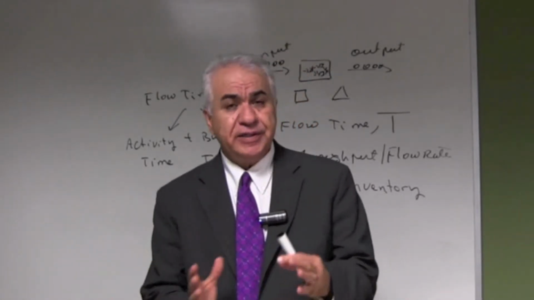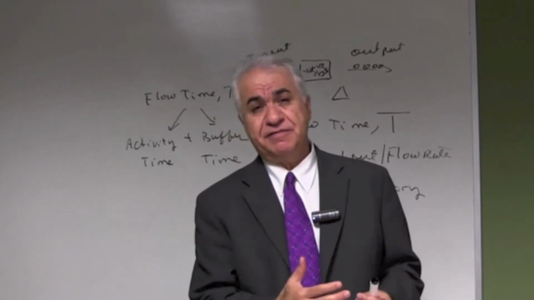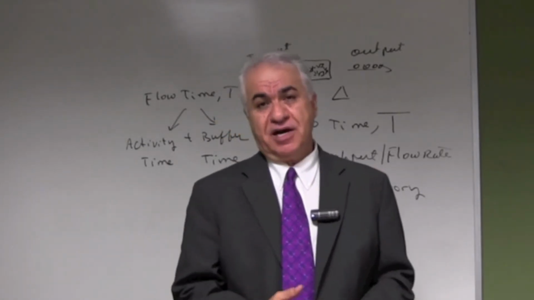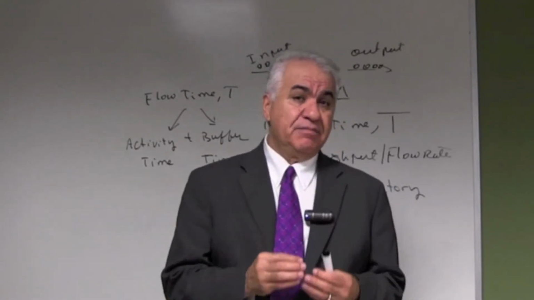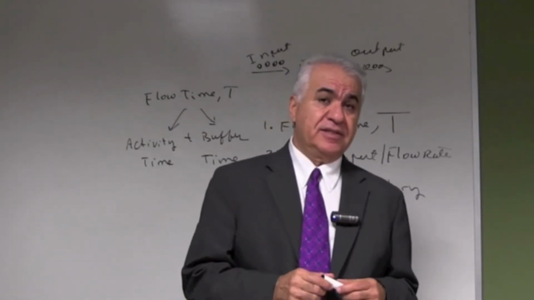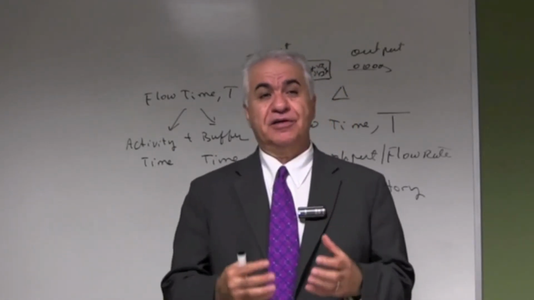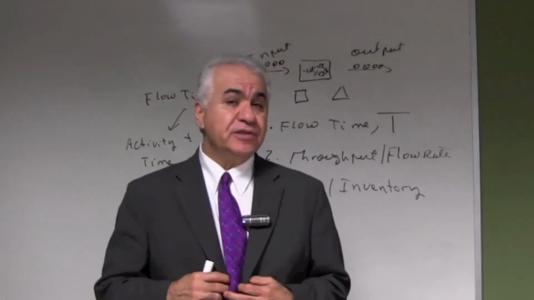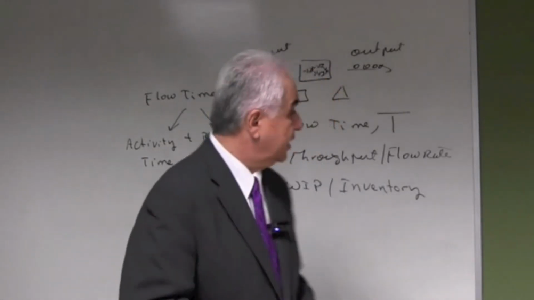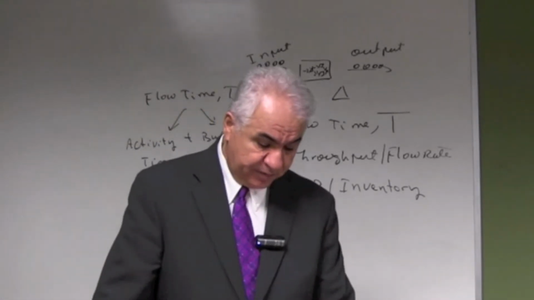And then how much time does each loan actually sit in different buffers, awaiting to be processed? As you can see, in many organizations and many processes, the activity time is a very small portion of the total time. And flow units spend considerable time in the buffers, awaiting to be processed.